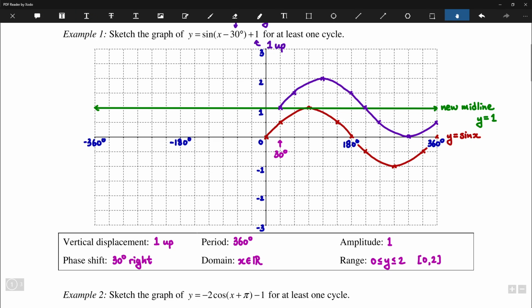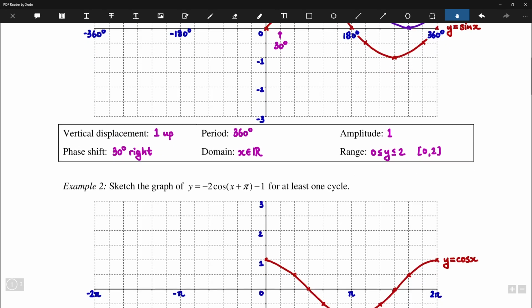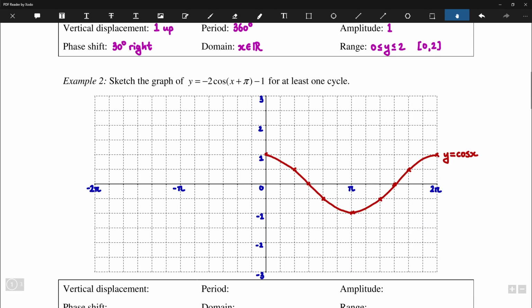Now, let's look at a second example with cosine. And a few key differences here. For example, we have radians instead of degrees. We also have an additional vertical stretch and reflection. So as always, we'll begin by listing the transformations that happen. There's a reflection over the x-axis.